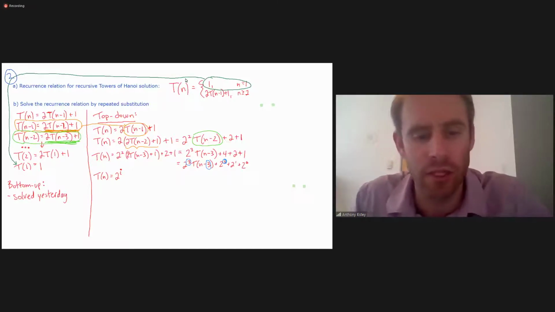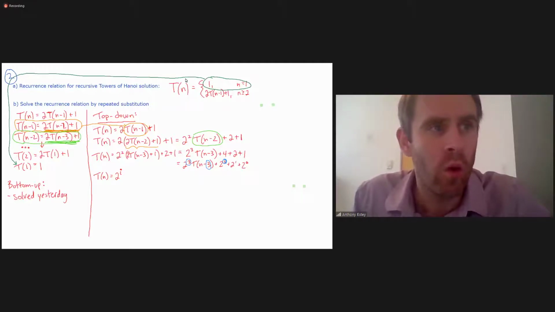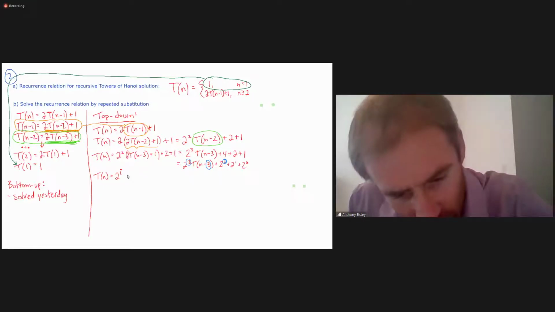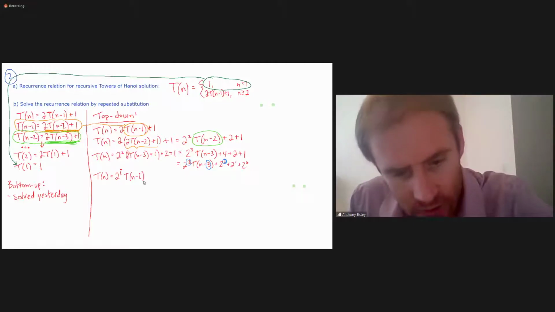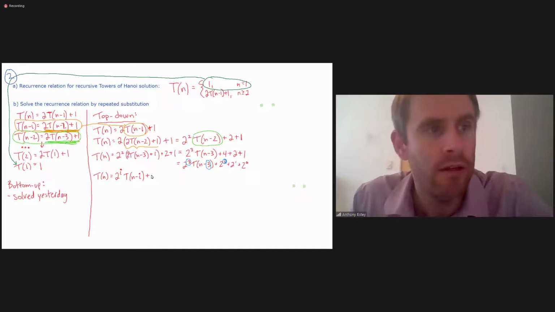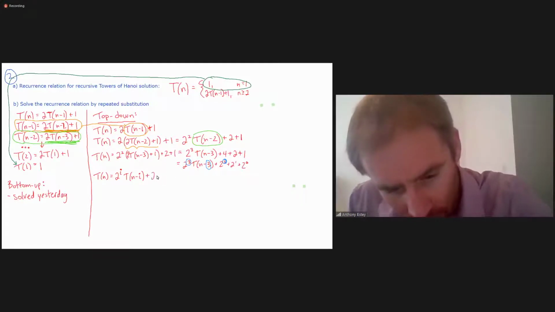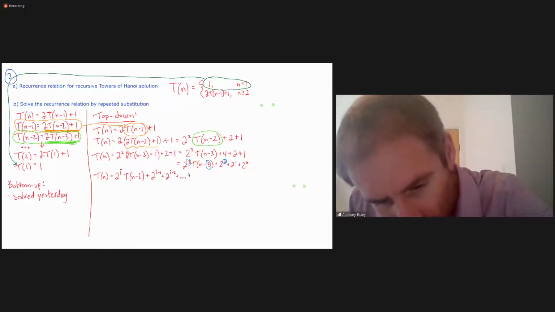So if I represent this as 2 to the power of I, that's going to be times t of n minus I plus 2 to the power of I minus 1 plus 2 to the power of I minus 2 plus all the way down to 2 to the power of 2 plus 2 to the power of 1 plus 2 to the power of 0.